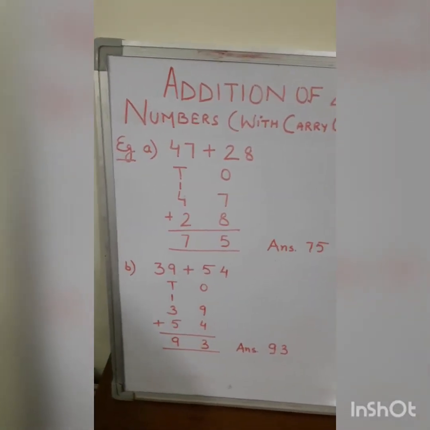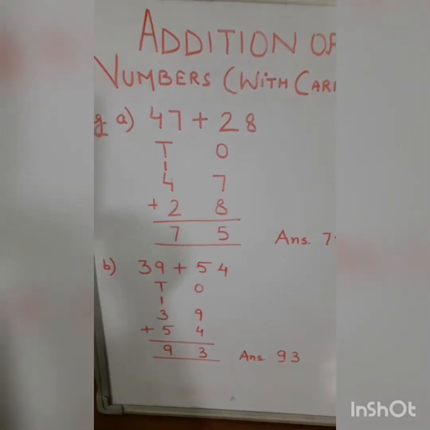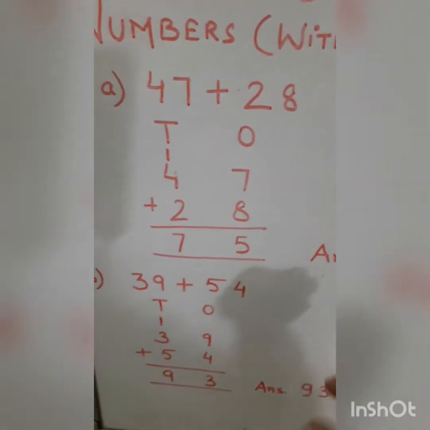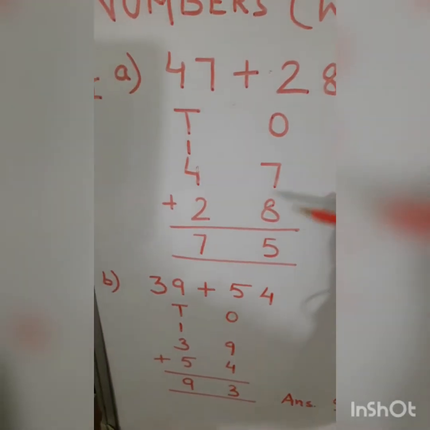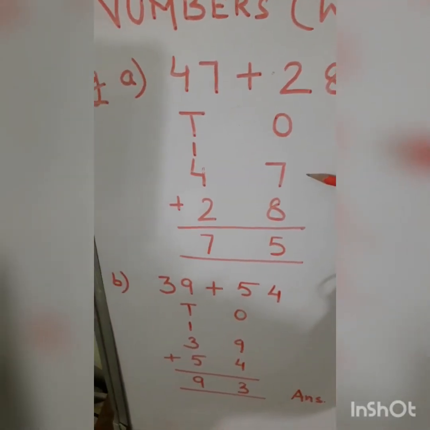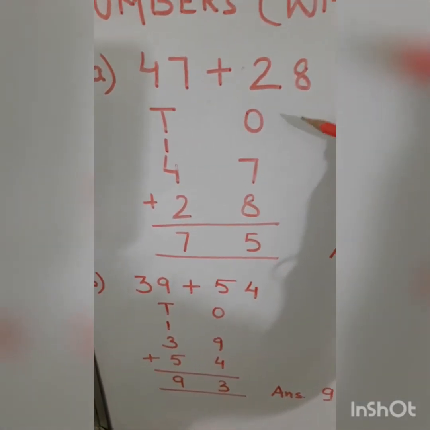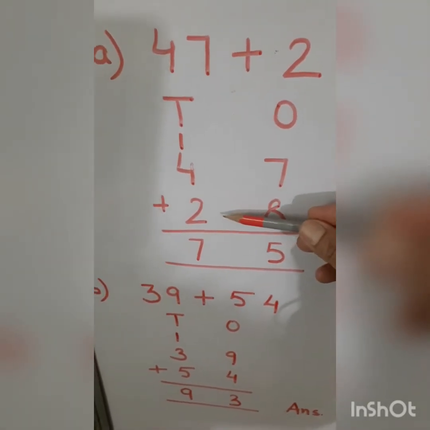Let us begin addition with carryover with two-digit numbers. Here we have two numbers, 47 and 28. We have to first of all arrange these numbers in the respective place value columns. So 7 comes in the ones place and 4 comes in the tens place. Similarly in the number 28, 8 comes here at the ones place and 2 comes at the tens place.